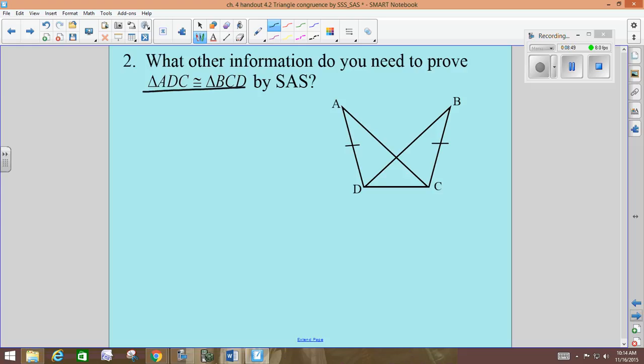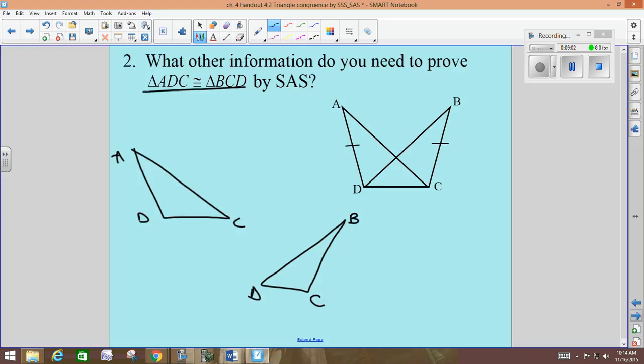So ADC is that guy, and then BCD, something like this. It's marked on there that segment AD is congruent to segment BC. And they're trying to figure out what else we need in order to prove that those two triangles are congruent by side, angle, side.